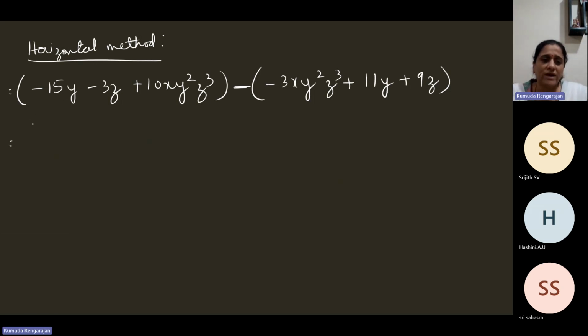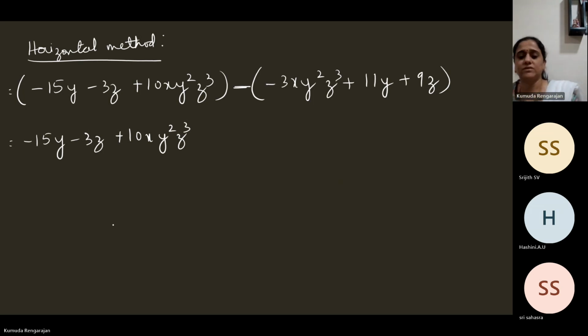When you open the first bracket, the terms will just come out as they are. No change. All of them will jump out of the bracket like this. But the second expression, before the bracket, you see a minus sign.